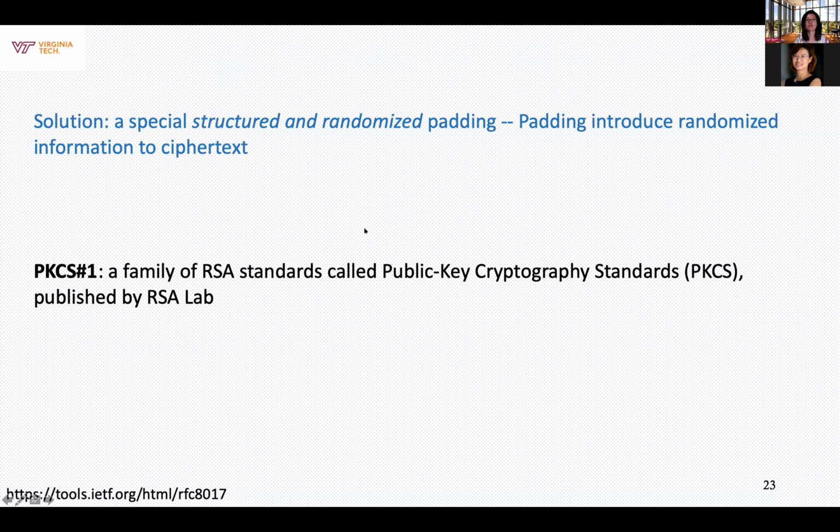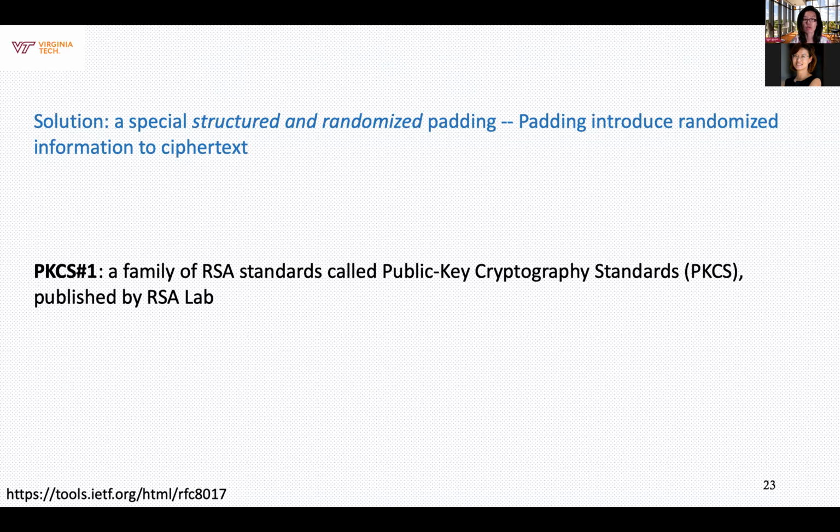In reality, we use a version of RSA that has padding, a special structure, with random information in it that disrupts this type of predictability, the determinism in the encryption. So in reality, you'll see that it's a lot more complicated.